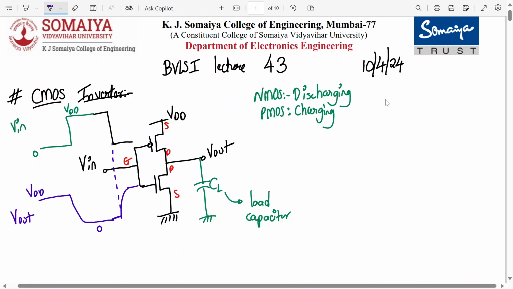So basically we can say this NMOS is acting as an active low switch. And this PMOS is acting as an active high switch. Meaning what? Let me draw it over here.